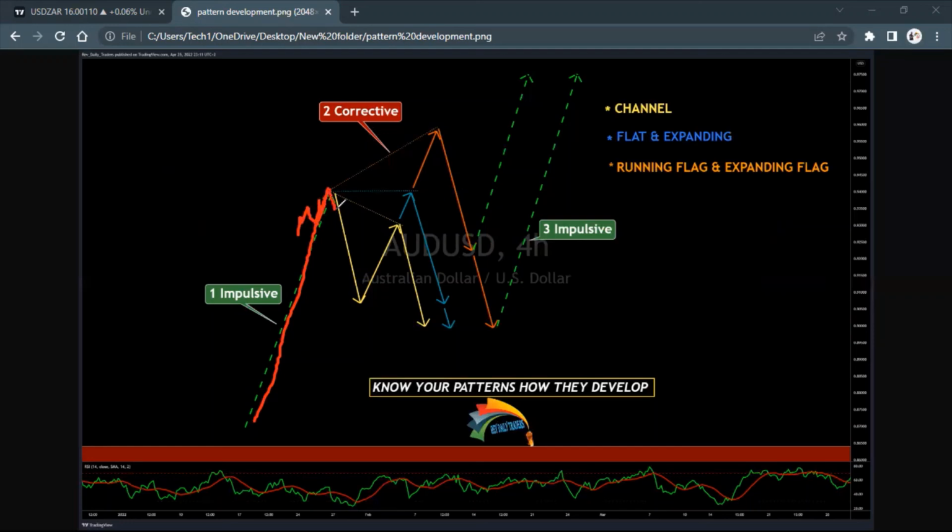Then you'll be watching for an impulse there for you to look for a correction. That correction will tell you that, okay, now we are starting to reverse the market. That will be the start of a move, that move will be your impulse here.